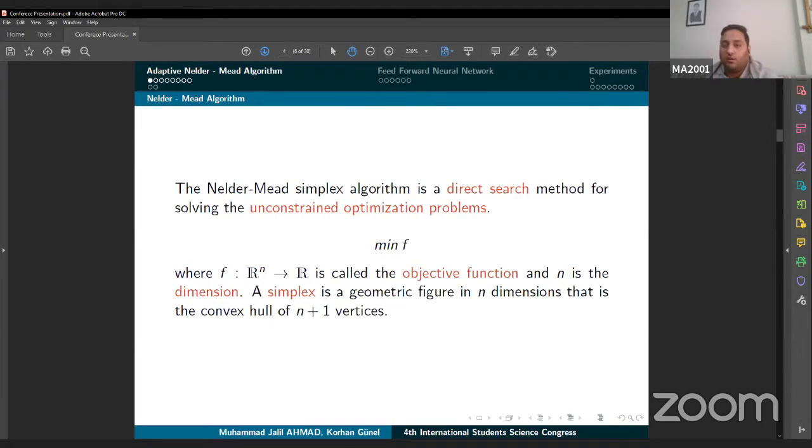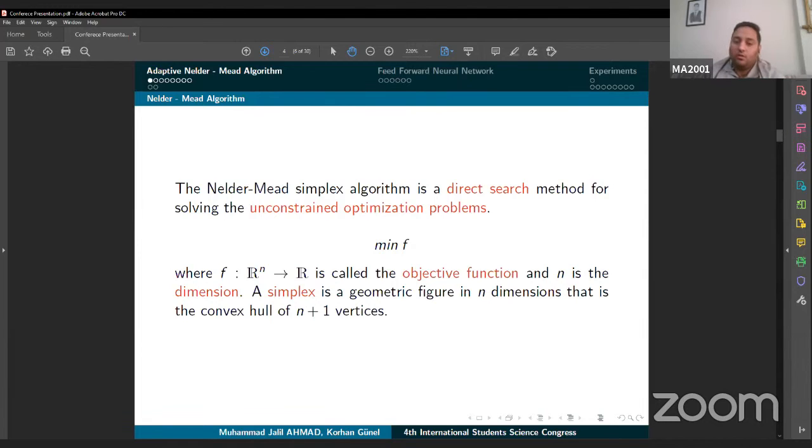Let's consider the function x squared minus 5. We are trying to minimize this function. If we do not give any conditions in this problem, then this is called an unconstrained optimization problem. For this particular function, the minimum value will be minus 5 and the minimum point will be x equals 0.